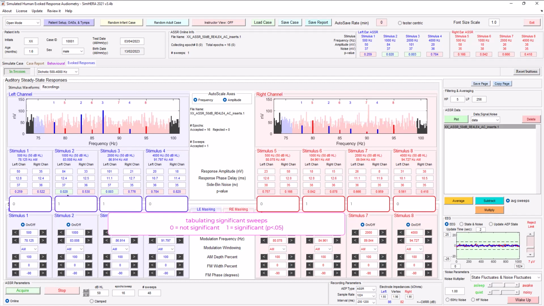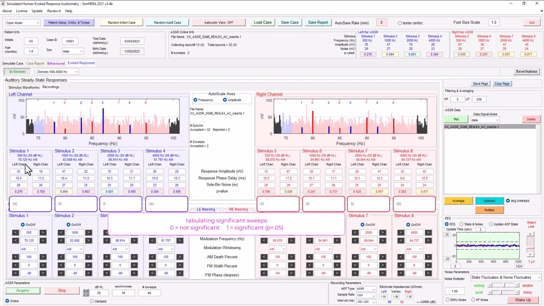And we can see here that we have stimulus 1, 2, 3, 4, that's going to the left ear, and then 5, 6, 7, 8 in the right ear. And we have the two channels, left channel, right channel.